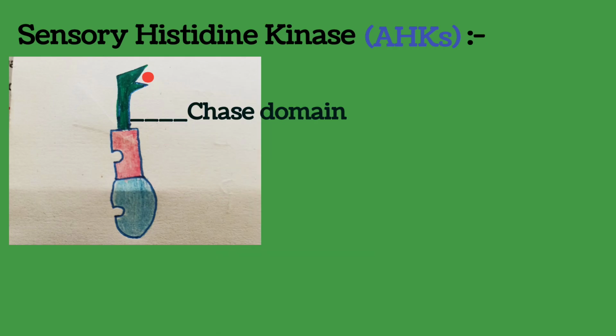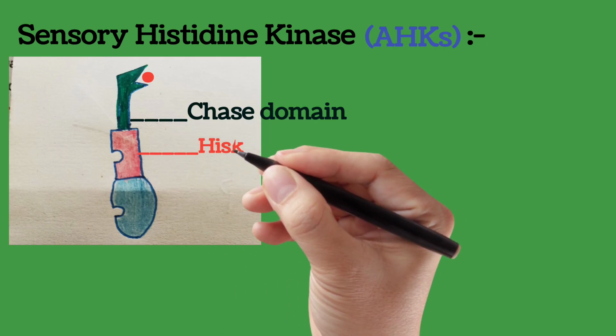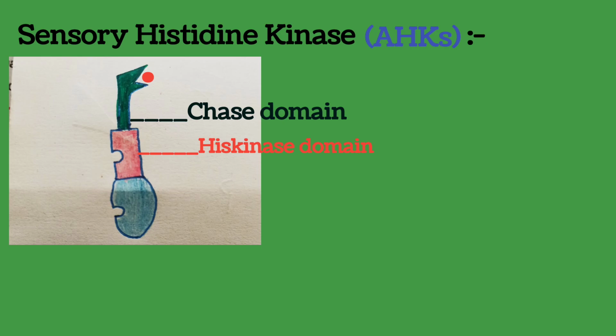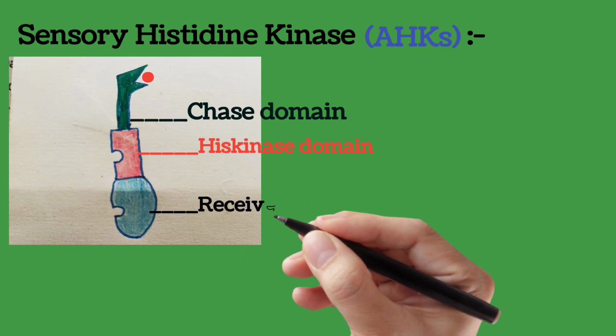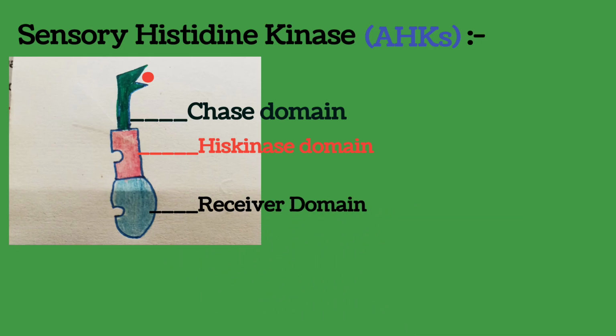Here the ligand binds. Now one more part is called the His kinase domain. It has a histidine residue, which gets autophosphorylated and activated. Then the last part is called the receiver domain. The receiver domain has an aspartate residue, which gets the phosphate from the His kinase domain, hence the whole complex gets activated.